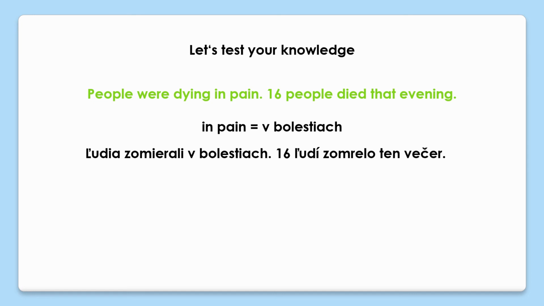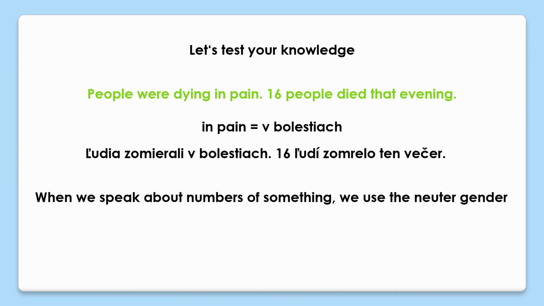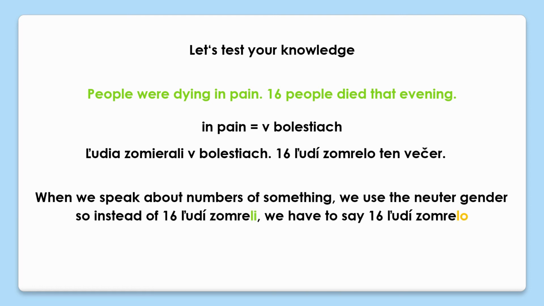Ľudia zomierali v bolestiach. 16 ľudí zomrelo ten večer. So, I want to say that when we speak about specific numbers of something, we use the neuter gender. So instead of 16 ľudí zomreli, I know this is what you wanted to do, but we have to say 16 ľudí zomrelo, as if we were speaking in the third person.